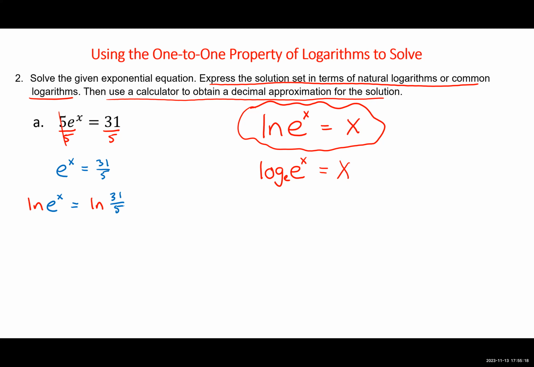So I'm saying log both sides, but yes, it's the natural log of both sides specifically. On the left, we got natural log of e to the x, which is x, and that's equal to the natural log of 31 over 5. And that's our answer. Once we have x by itself, we've solved the equation.